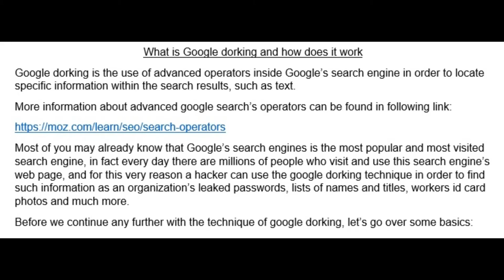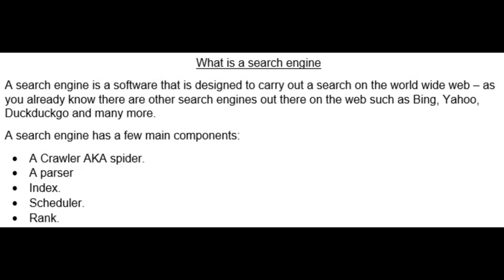Before we continue any further with the technique of Google Dorking, let's go over some basics. First thing, we're going to talk about a search engine. A search engine is a software that is designed to carry out a search on the World Wide Web. And as you already know, there are other search engines out there on the web such as Bing, Yahoo, DuckDuckGo, and many more.